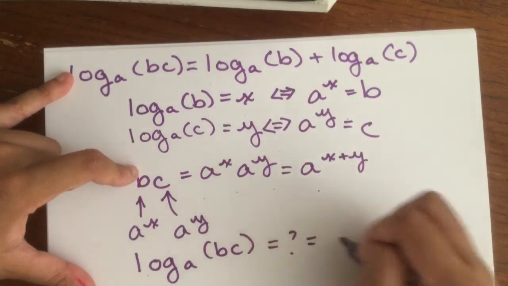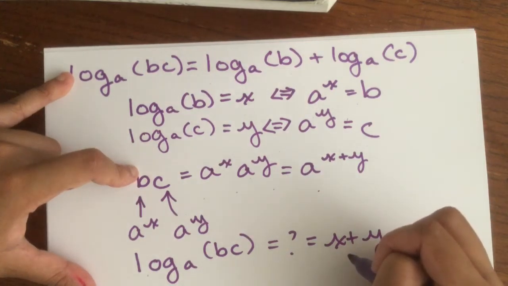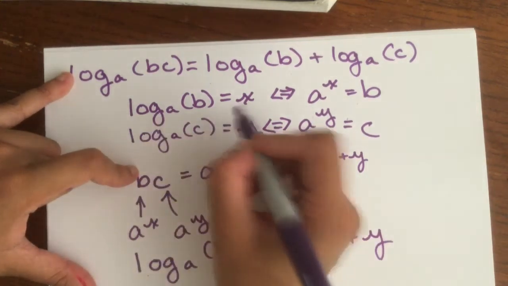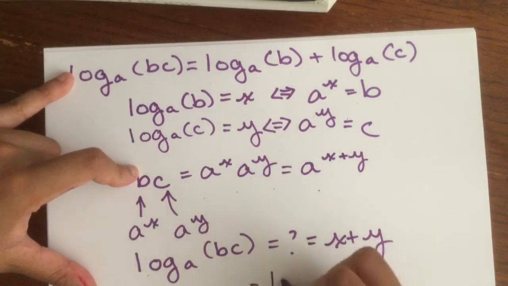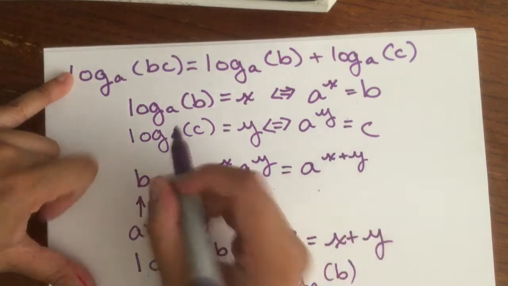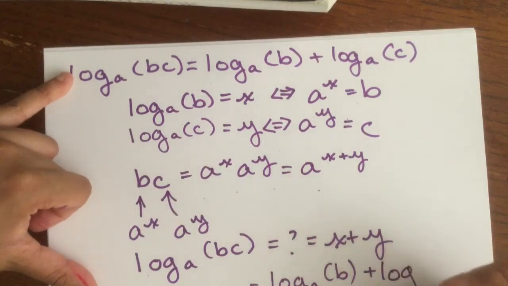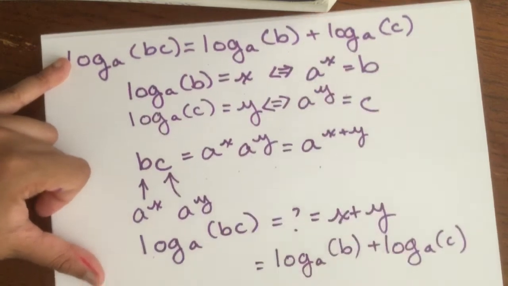And we know that that is x plus y. But what was x? We said x was log base A of B. And what was y? Well, we said that y was log base A of C. And that's the rule we were looking for.